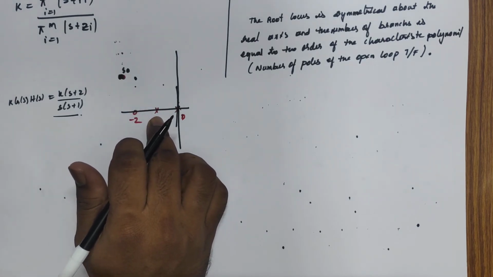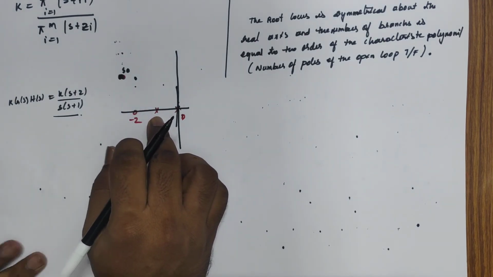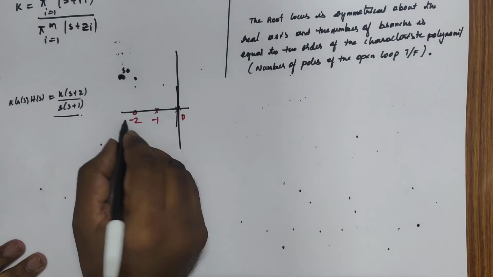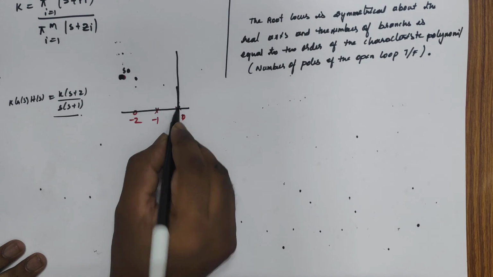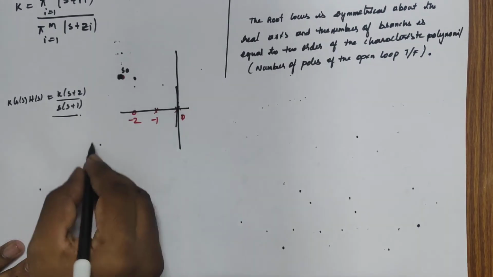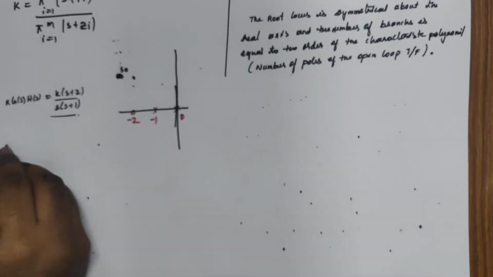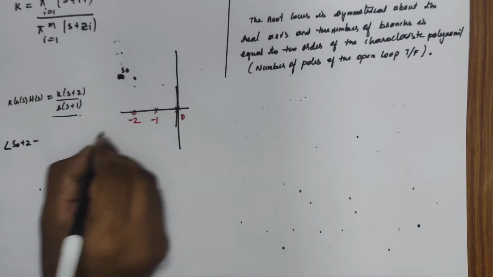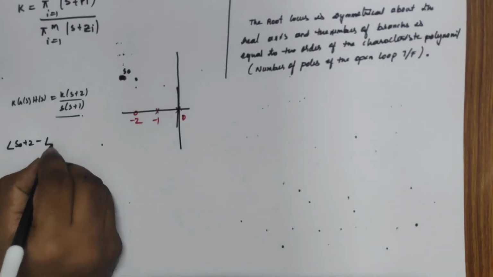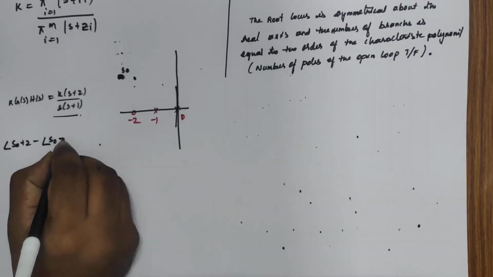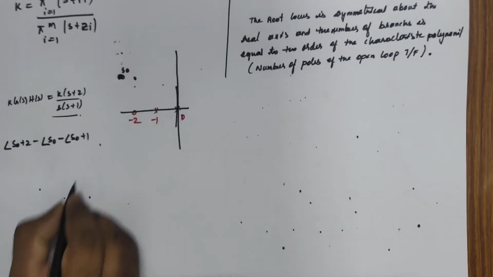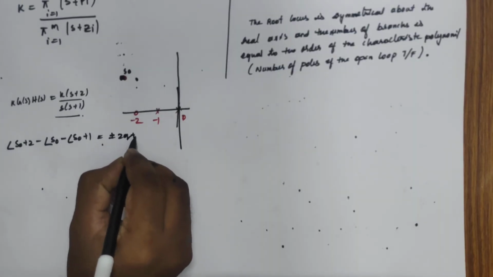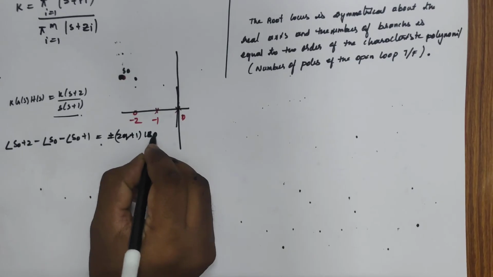Basing upon the phase criteria, the angles are given by this: the zero first, angle of (s0 plus 2), minus the angle of the pole s0, minus the angle of (s0 plus 1), is equal to plus or minus (2q plus 1) into 180.